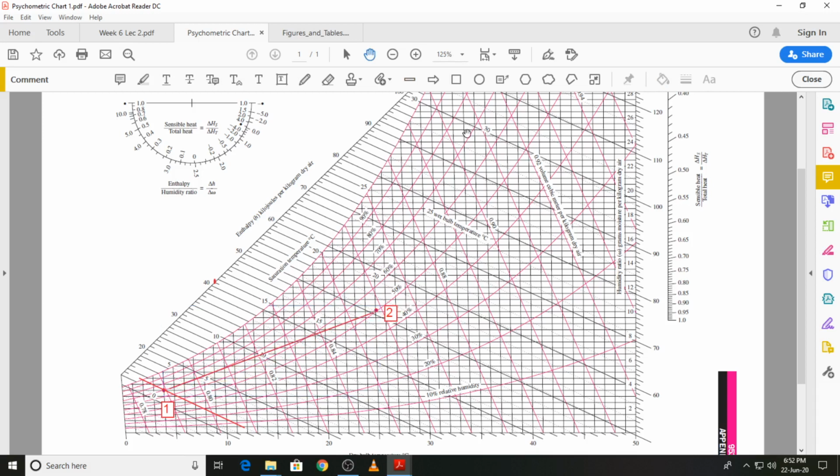And on this straight line, I will then locate state 3 using the specific enthalpy.